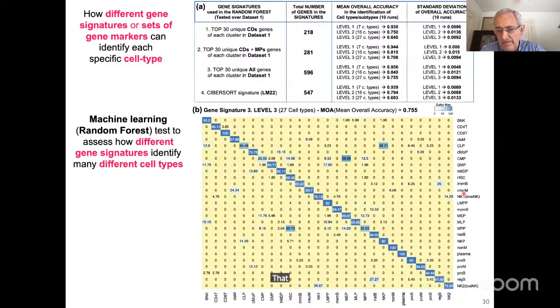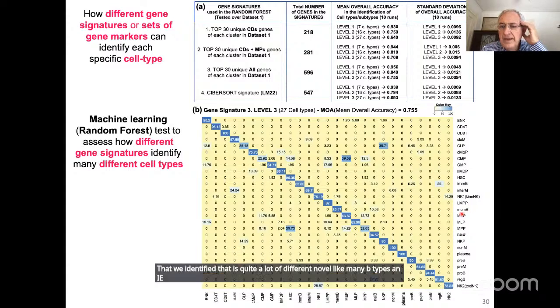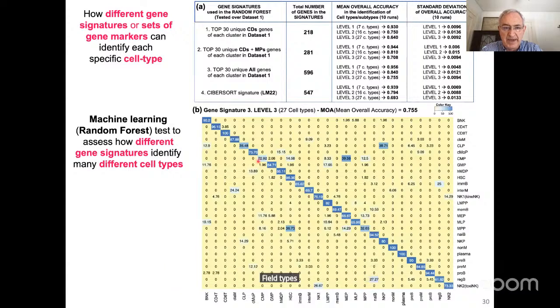That is quite a lot, no? Like many B types, naive B, a lot of different cell types that, in fact, are all described at the beginning of our work, no? The different 27 cell types. In some cases, it's more difficult, but in some cases, our signature is quite powerful.